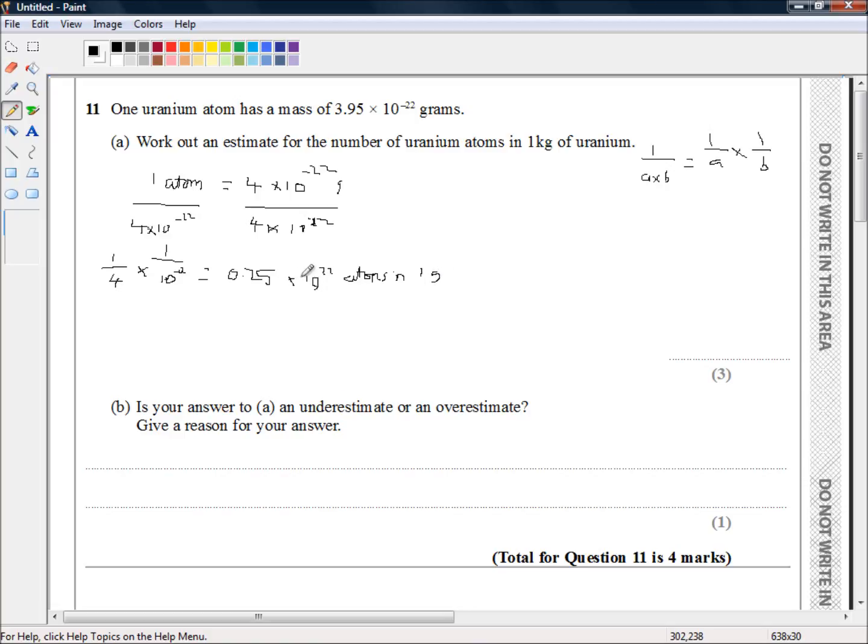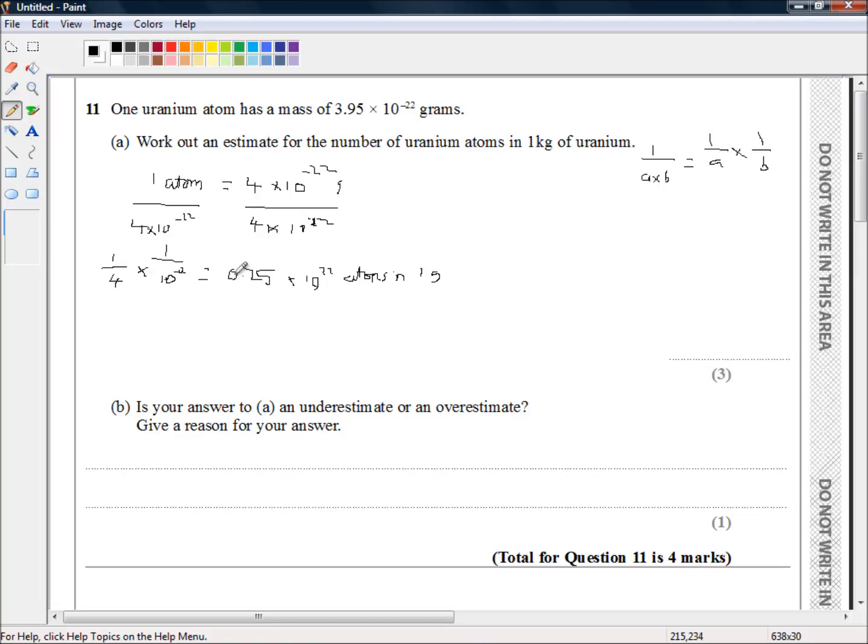To put this back into standard form, because in standard form this coefficient cannot be less than 1, it has to be 1 or above, and it cannot even be equal to 10. It's got to be 1 or above, and it's got to be less than 10.